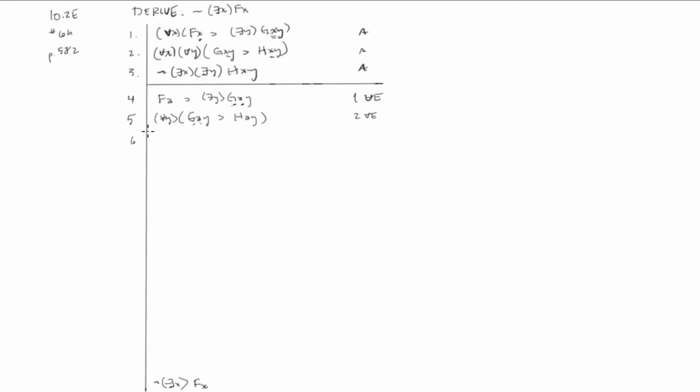Line 6, I'm going to drop the y quantifier, and I'm going to drop the outer parentheses here because we're going to do universal elimination there on line 5. And that gives me G a horseshoe H a, and I have to have a name here in place of the y's. I could put a's in there, okay?